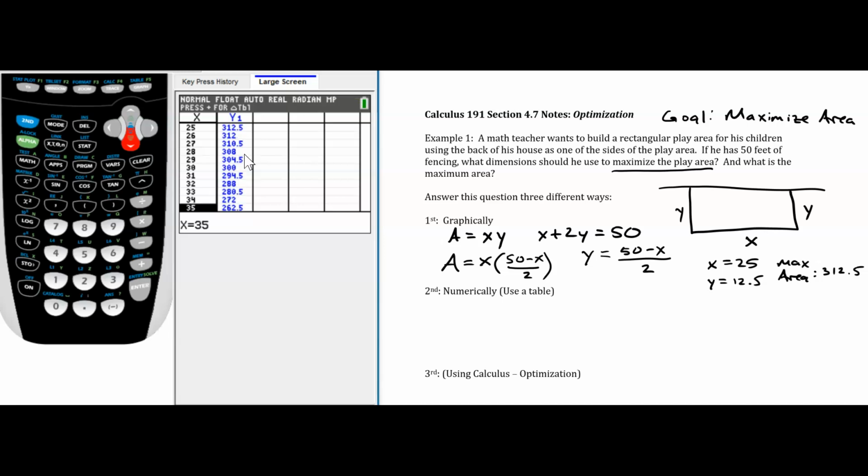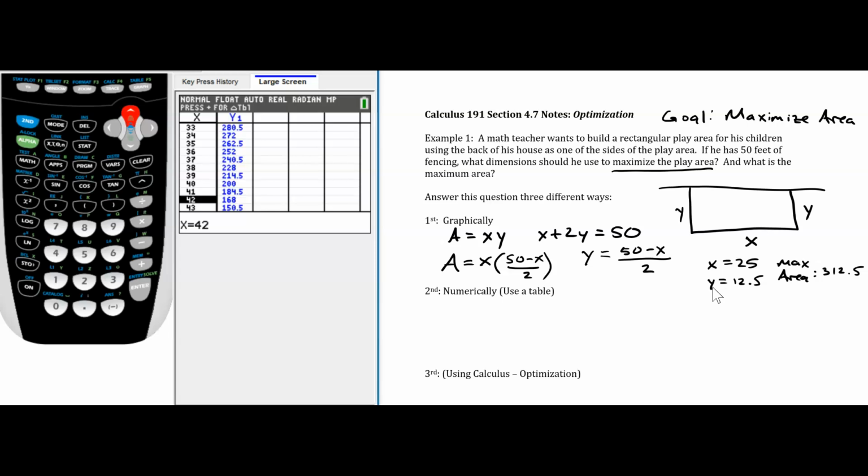It looks like it's continuing to move there, but you get the idea. So you can just look at the table and see the x value and the maximum area at that particular x value. And then once you get that, the only thing you would need to do is go back into one of your original equations, that secondary equation, to figure out another one of your variables.